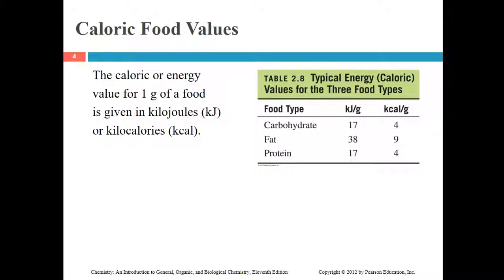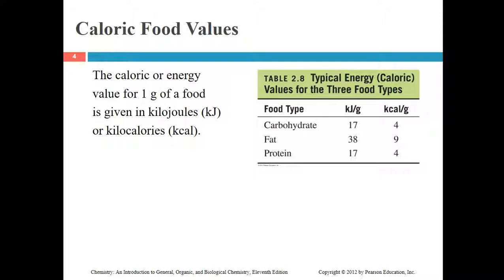And if we look at this table here, a table that I know you've used before, for example, if you look at the food type, carbohydrates, you know that it is 4 kilocalories per gram, or 4 big calories per gram.